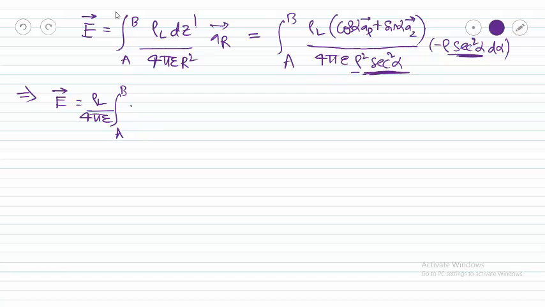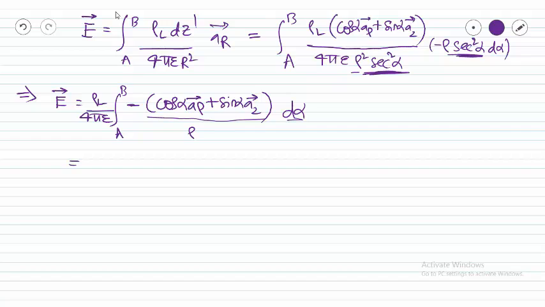So minus cos alpha a rho bar plus sin alpha a z bar divided by rho d alpha. Because this integration depends upon alpha, I can bring this rho outside of the integration. So finally minus rho L by 4 pi epsilon rho integral a to b, in d alpha.